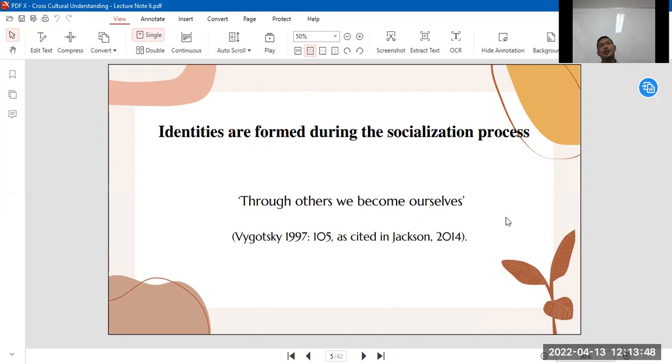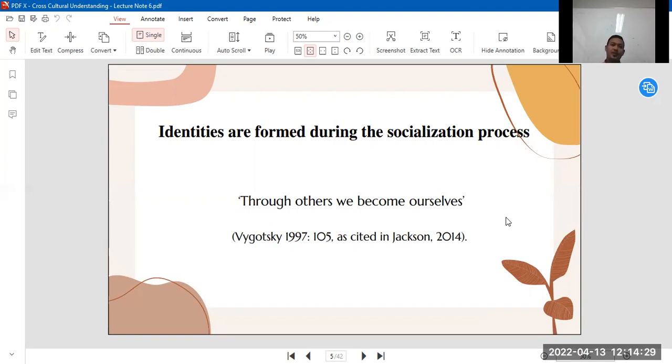Social institutions such as schools, the education system, religious organizations, or even our family play a role in determining how we develop our identities as social beings. As young children, we continuously receive messages about who we are and how others see us.